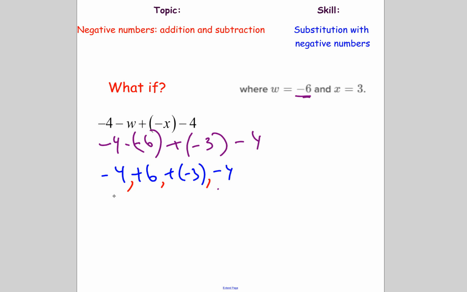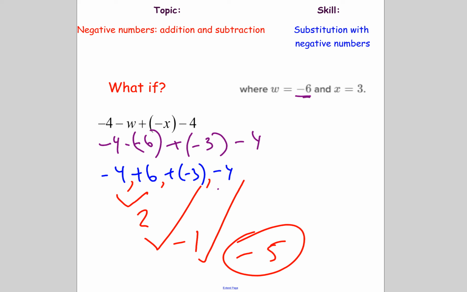See what I get. Negative 4 and positive 6 is positive 2. Positive 2 and negative 3 is negative 1. Negative 1 and negative 4 is negative 5. All right, and that's the answer to that one. So don't mess this up. Minus W would be minus negative 6, not just negative 6. You have to put minus negative 6.